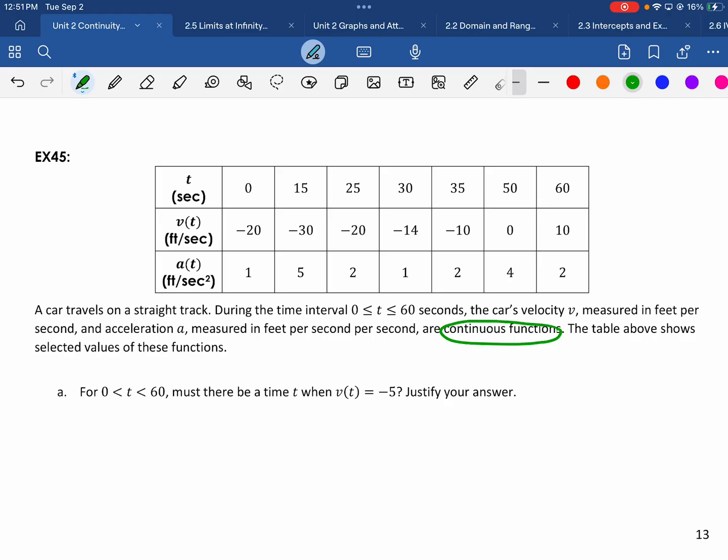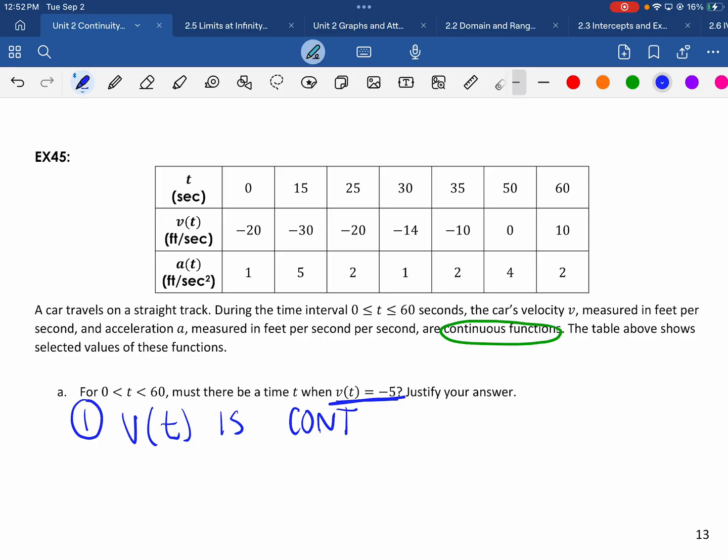So what's the first thing we have to prove? It's continuous. What specific function do I want to prove continuity for? V of t. Because I've got v and I've got a, but which one am I concerned about? V, because I'm trying to prove a point on the velocity graph.